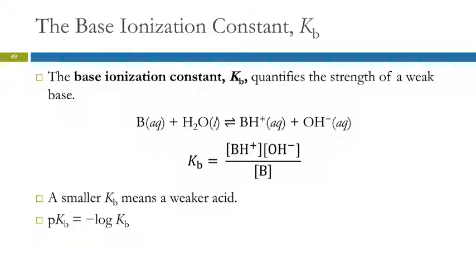The higher value of Kb means it's a stronger base. It says acid. Yep, I can fix that. There we go. Smaller Kb means a weaker base. And we can calculate pKb in the same way that we did pH and pKa, the negative log of that constant.